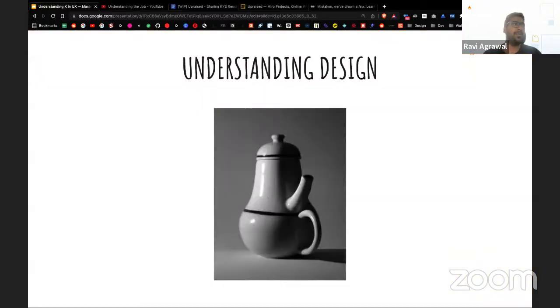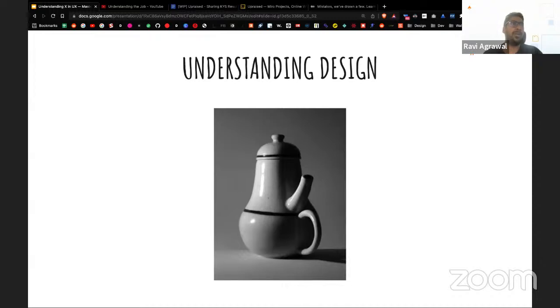To understand design, I wanted you to take a look at this teapot for probably 20-30 seconds. Take a look at it thoroughly, and then we'll proceed. Try to understand the use cases of this teapot.